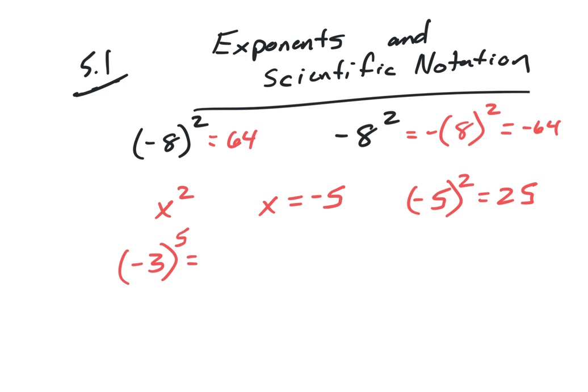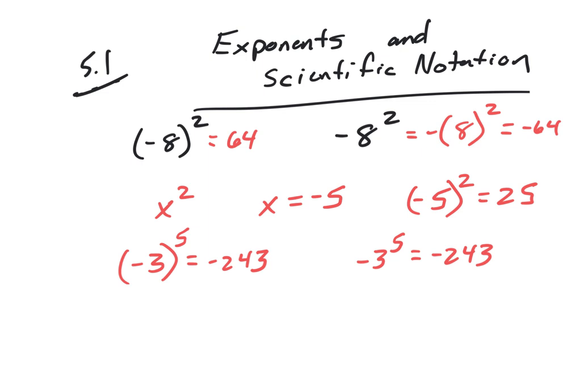What'd you get? -243. Does that sound right? Okay, now what if we did this without the parentheses? It's the same thing. So why is this one the same answer when the earlier one is not the same answer?